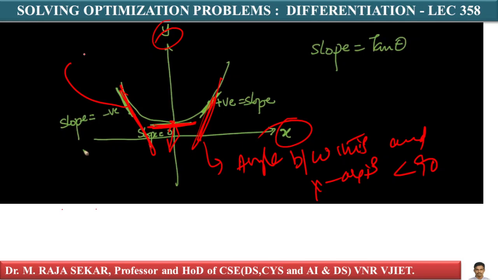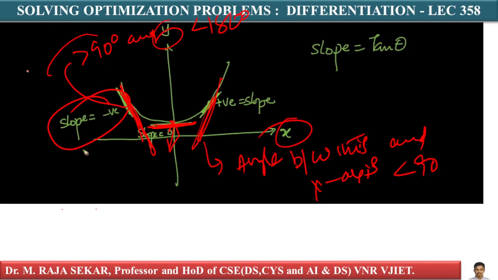Here the angle is greater than 90 degrees and less than 180 degrees, so the slope is negative. Slope is nothing but tan theta, isn't it?